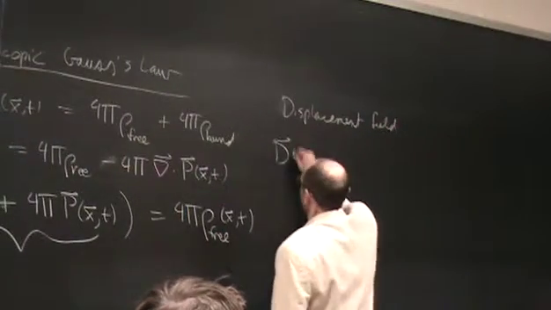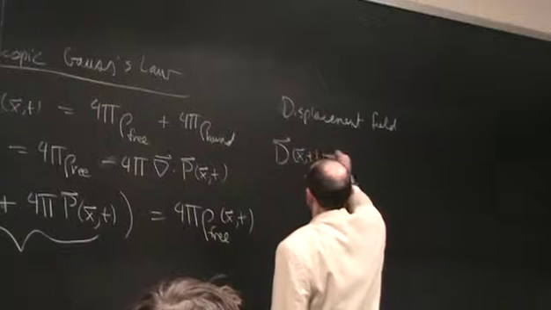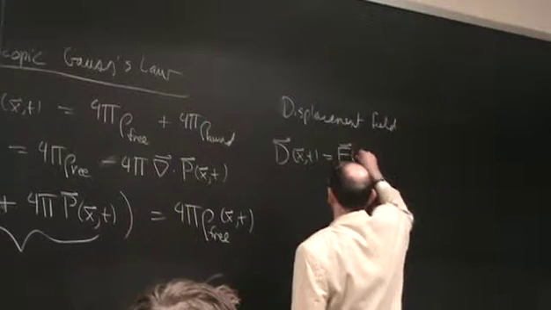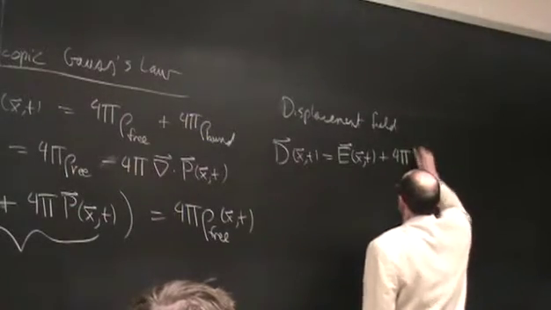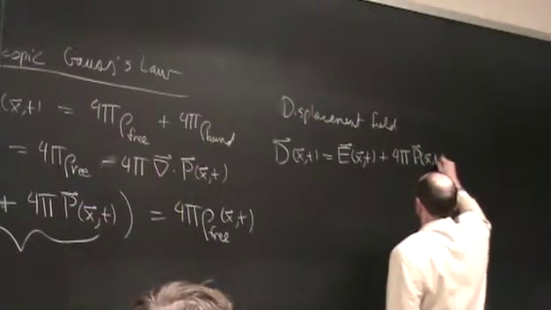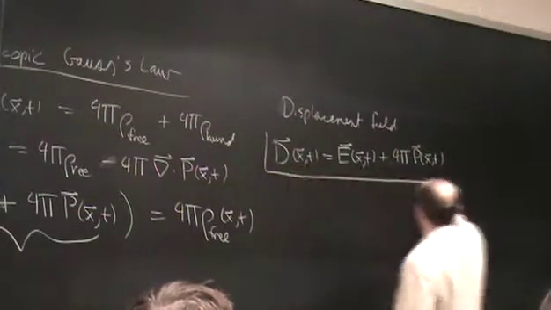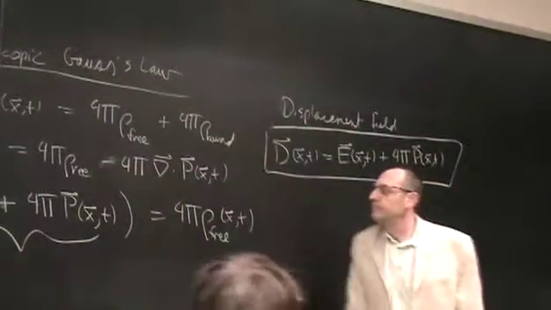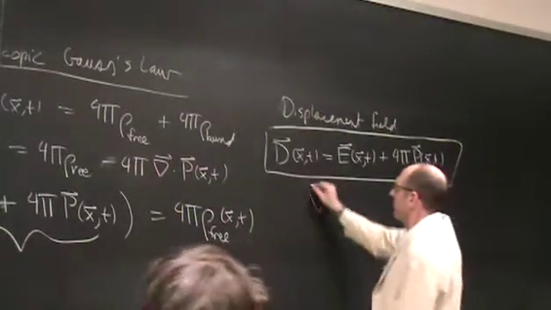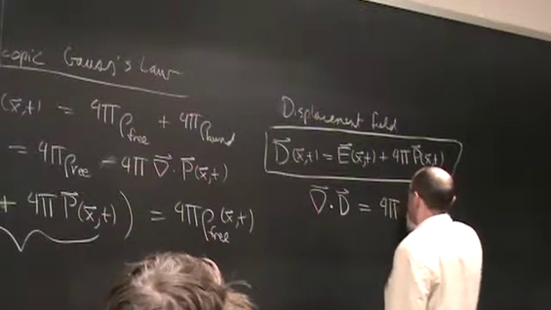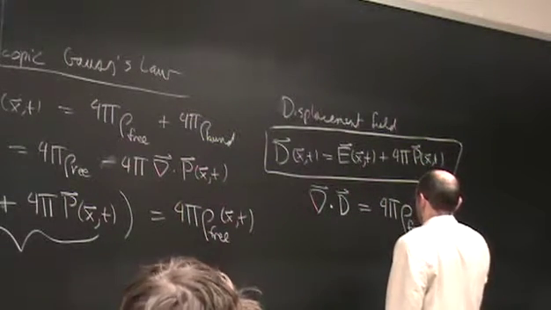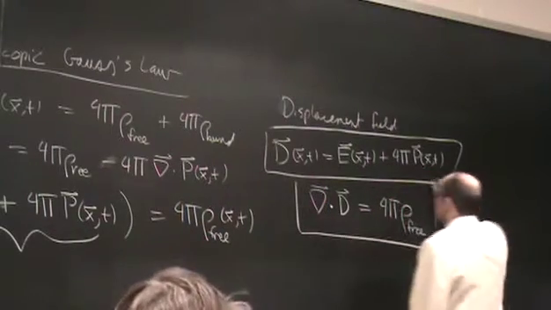D, as a function of position and time, is equal to the local electric field plus 4 pi times the local polarization density. And thus, the macroscopic Gauss's law is del dot D is 4 pi rho free.